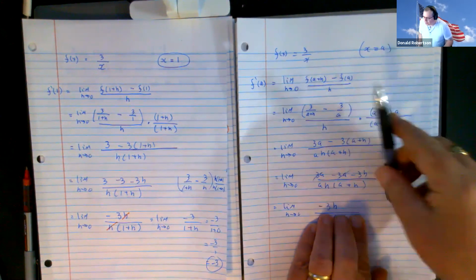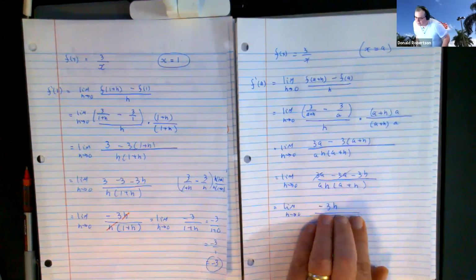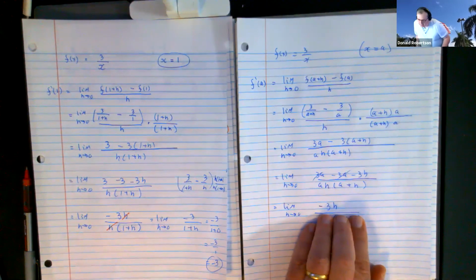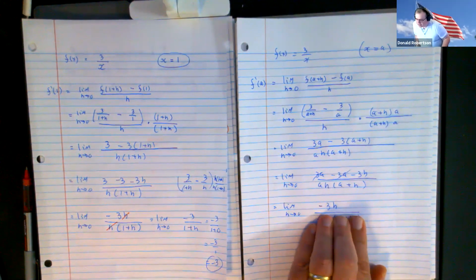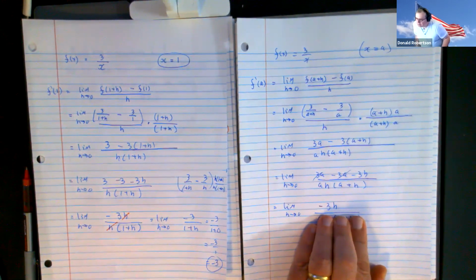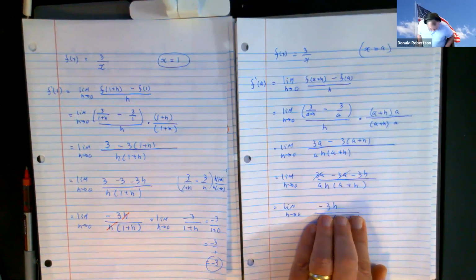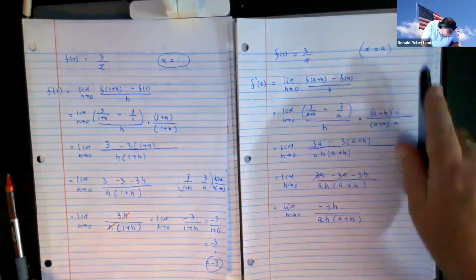Don't keep going thinking maybe it'll sort itself out at the end. It won't. If you have a negative 3h plus anything that's not an h in it, it's wrong. That's just the way the math is going to work. Now in this case, aren't the h's going to cancel.